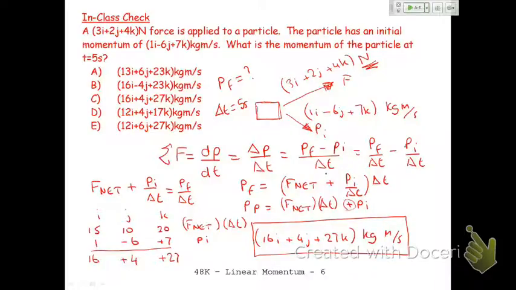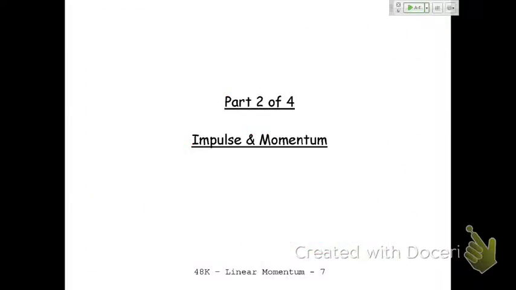On that, looks hard, but it's the same principle, isn't it? We've just had, if you like, the force dP by dt relationship. Now we're going to do an impulse momentum relationship. So let's just think about this.